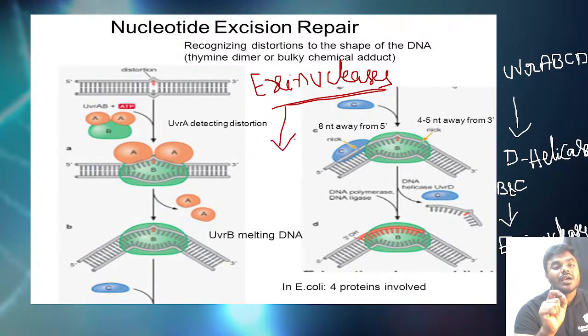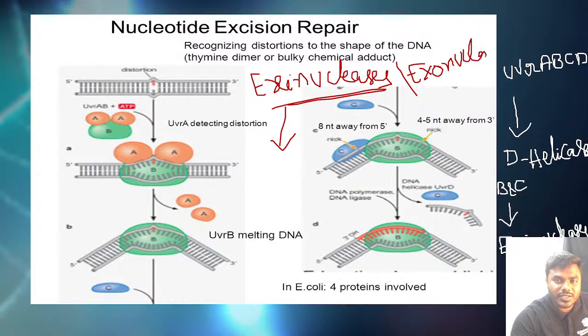Listen to my words carefully: exonucleases are the enzymes which can cut the phosphodiester bond at two locations at a time, in two directions. I will show you how exactly the exonucleases are going to work. Please don't get confused, friends. Here in the nucleotide excision repair mechanism, there will be no role of exo. Here the enzyme involved is the excinuclease.